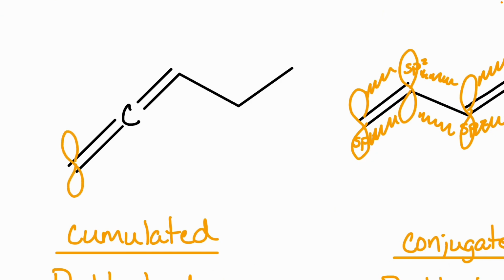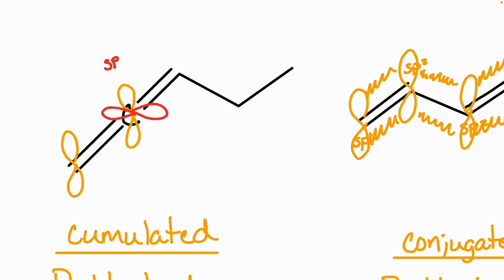But this carbon in the middle is not sp2 hybridized. It's only got two bonding regions. One double bond on one side, one double bond on the other side. So this one would just be sp. That means it's got one peanut-shaped orbital sticking up in one direction, but the other one is exactly perpendicular.